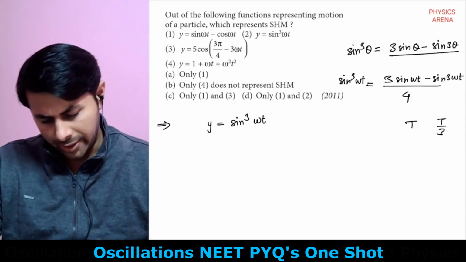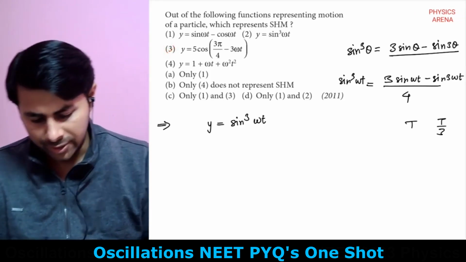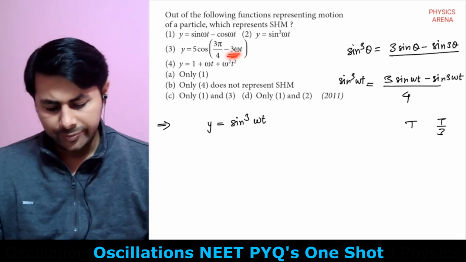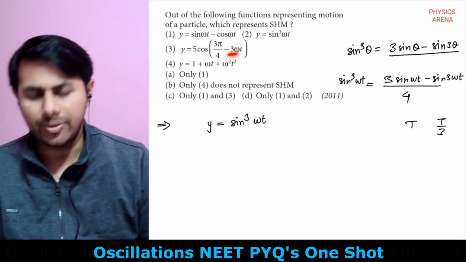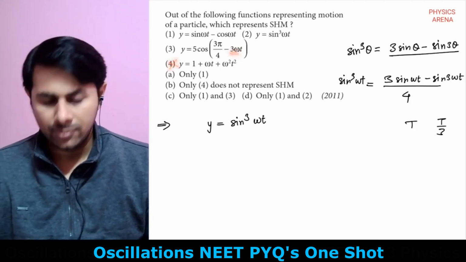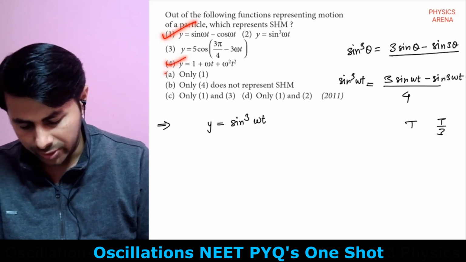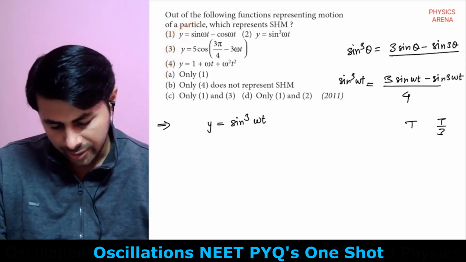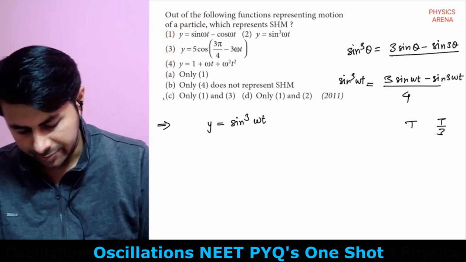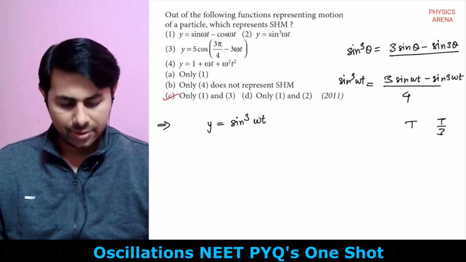Then this one, it's SHM. It has a frequency of 3 omega. This is SHM, this is not SHM. What's the answer? First one is SHM. Fourth one, sorry, not fourth one. Third one is SHM. So option C is the answer.